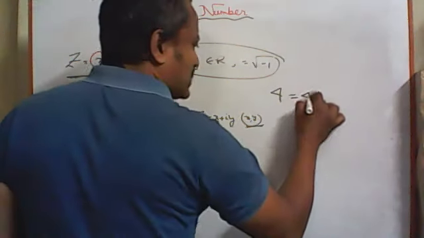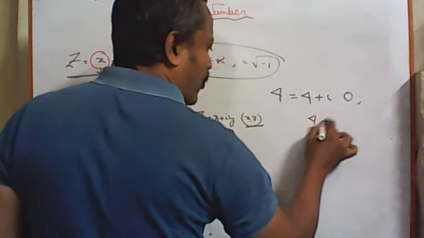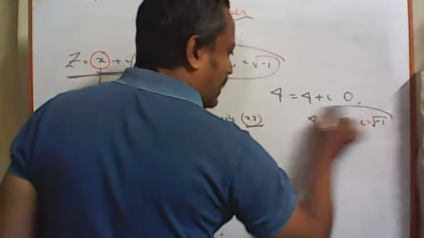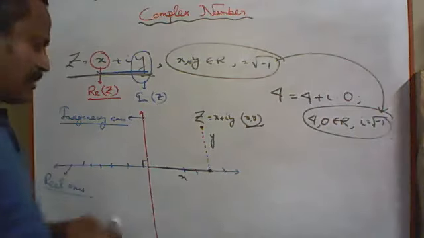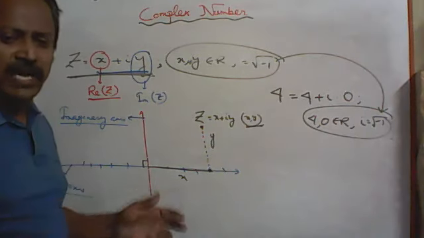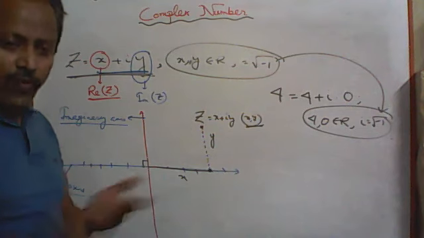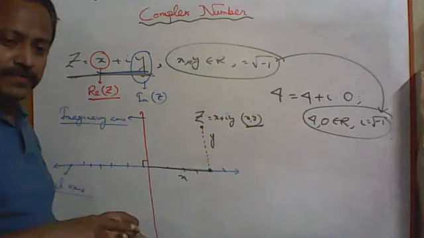Since we can express 4 equals 4 plus i into 0, where 4 and 0 belong to R and i equals root under minus 1, which satisfies the definition of a complex number, we can say, yes, 4 is a complex number also. So 4, as well as being a real number, is a complex number also.